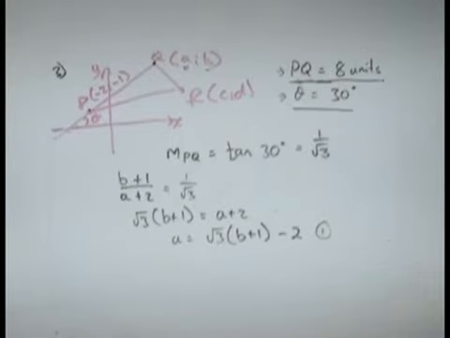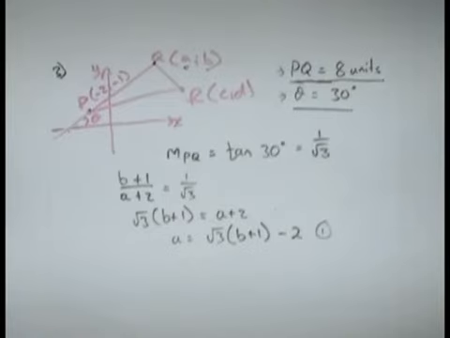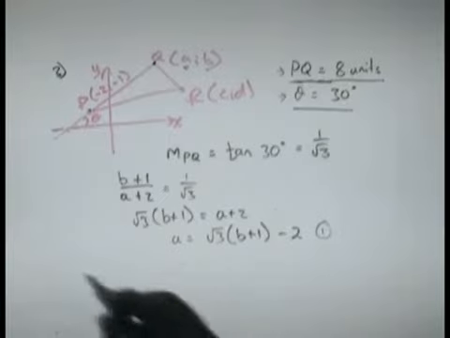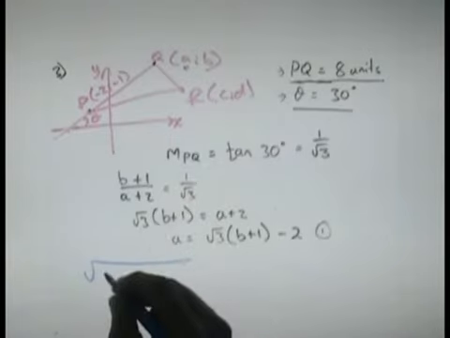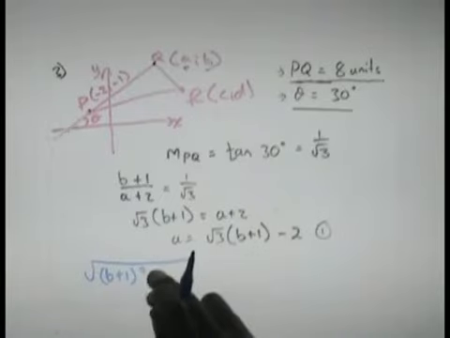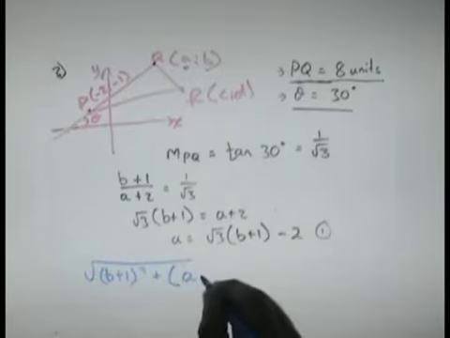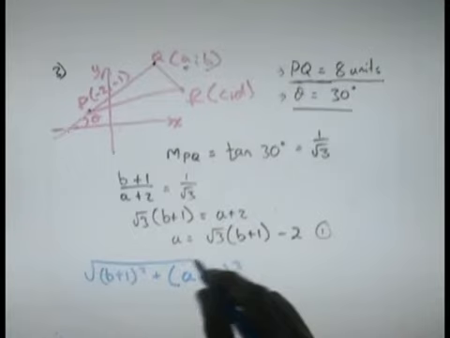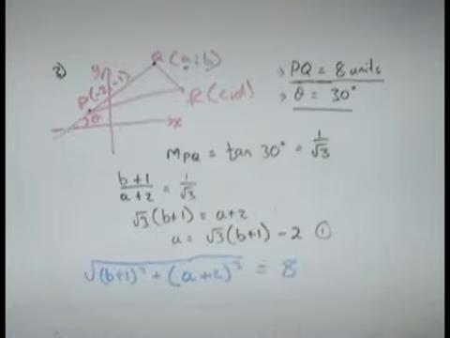Unfortunately, we need another equation. I'm going to get that using the distance formula. Now PQ, remember, is going to be given by the square root of (y2 minus y1), which is going to be (b plus 1) squared, plus (x2 minus x1), which is (a plus 2) squared, and that has to equal 8 units.